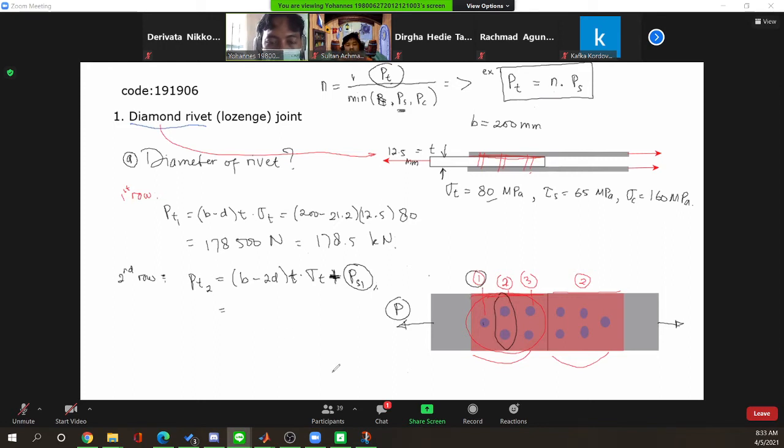So here we have this many kilonewtons. And how about the third row?